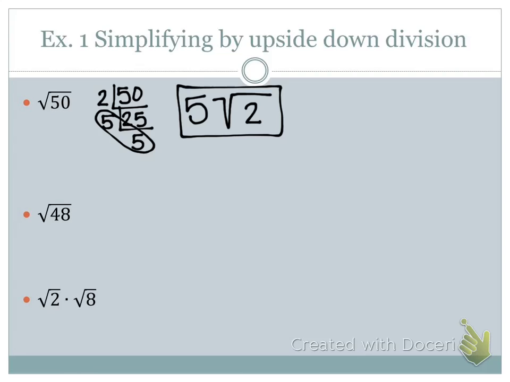All right, so let's do the next one. Square root of 48. I ask myself, does 48 have an exact square root? No. Is 48 a prime number? No. So I can simplify it. Okay, let's do upside down division for 48. I've got 48. Do my upside down division bar.